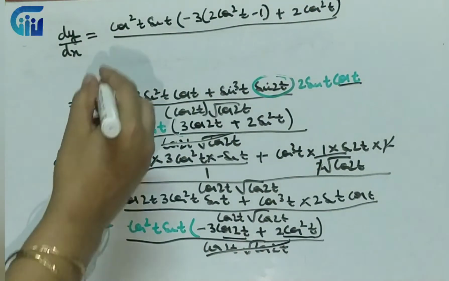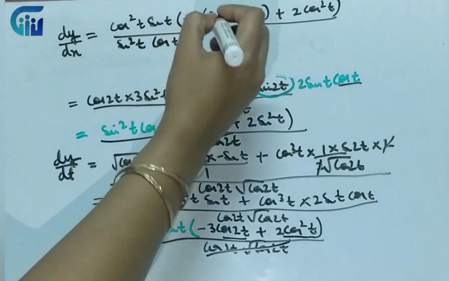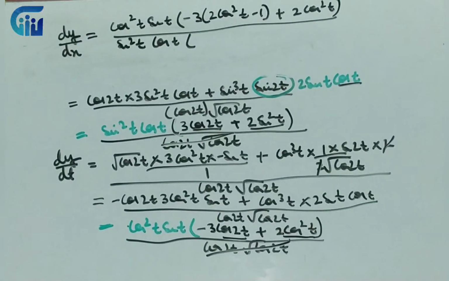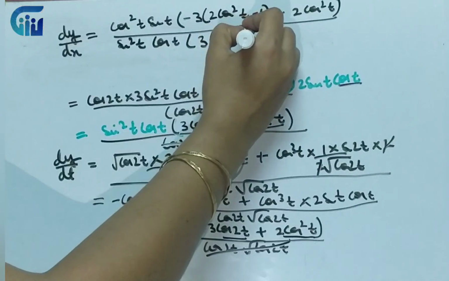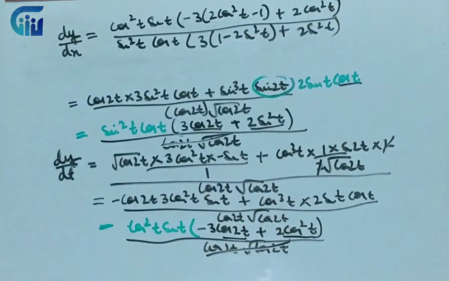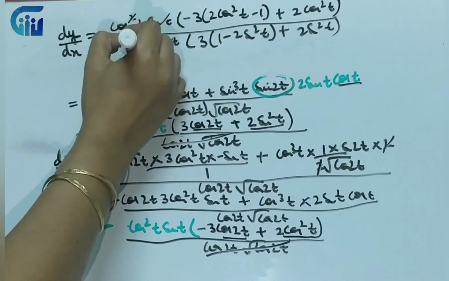Similarly, for this particular thing, we will just write sin square t cos t, and over here, since it is sin square t, I will apply the formula of cos 2t in terms of sin, right? So it will be 3, 1 minus 2 sin square t plus 2 sin square t, right? Let's quickly solve the bracket. So over here we can cancel 1 and 1.